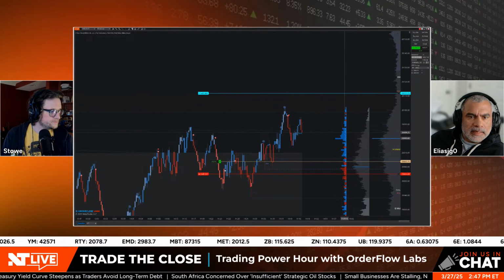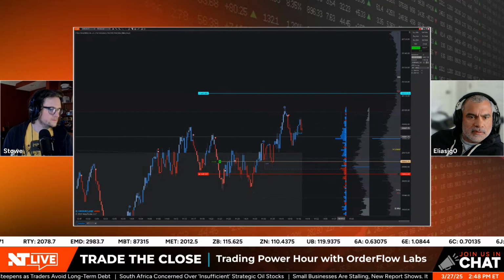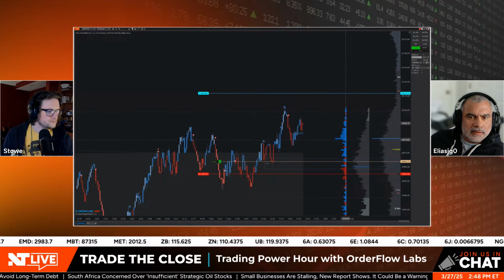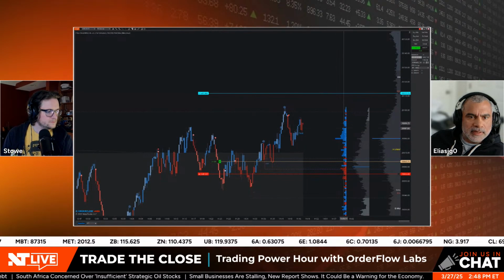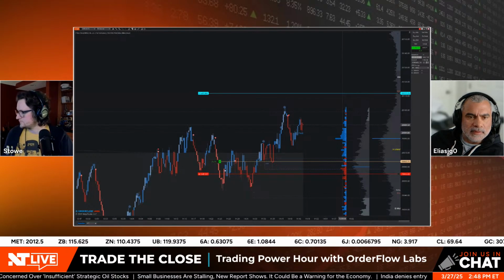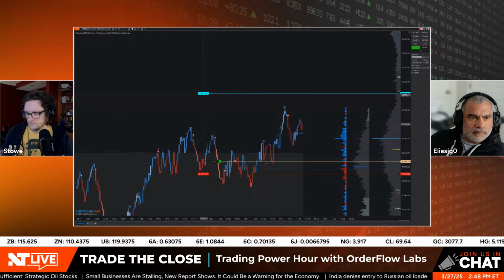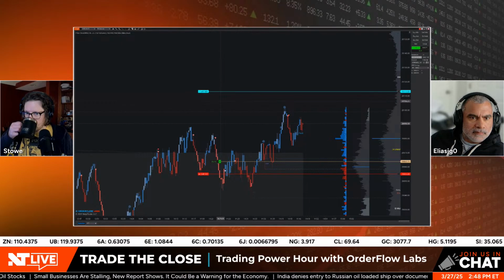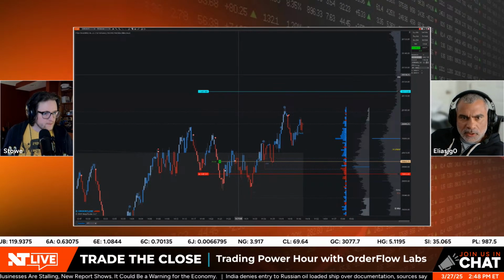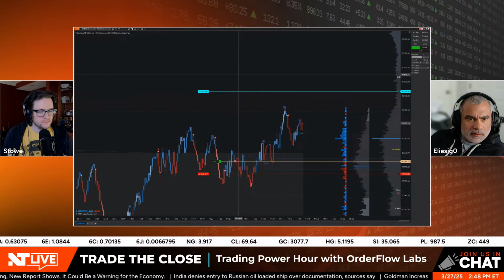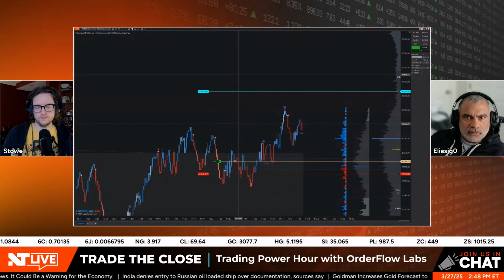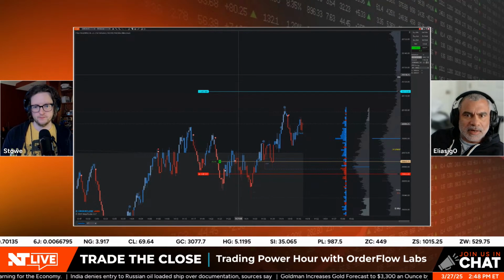Beautiful. Yeah, so I was looking at all this aggressive bid right here in the 80 to 87 range. And now we're trying to hold above it. If those bidders get going, I think we have the potential to at least tag prior day close.